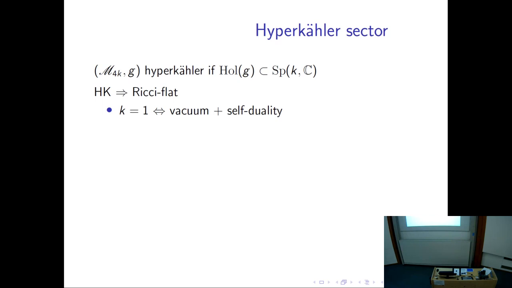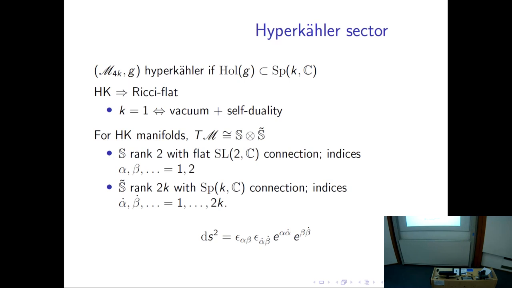Why? Because Sp(k) is a subgroup of SU(2k), which means all of these are Calabi-Yau, which means that they're Ricci flat. Okay. So when k is equal to 1 and I'm in 4 dimensions, the hyperkähler condition is literally equivalent to vacuum self-duality. But this is some generalization to higher dimensions that are integer multiples of 4.